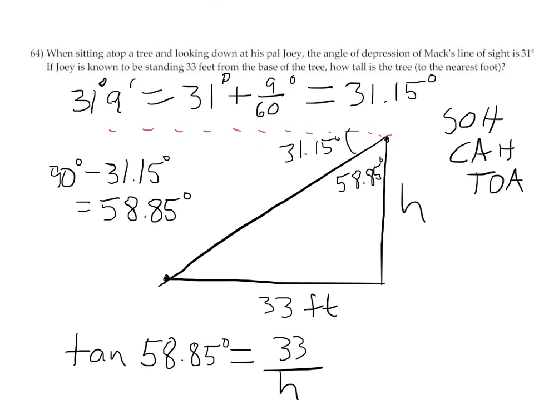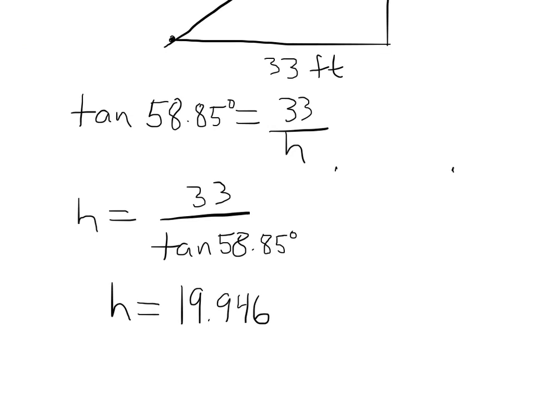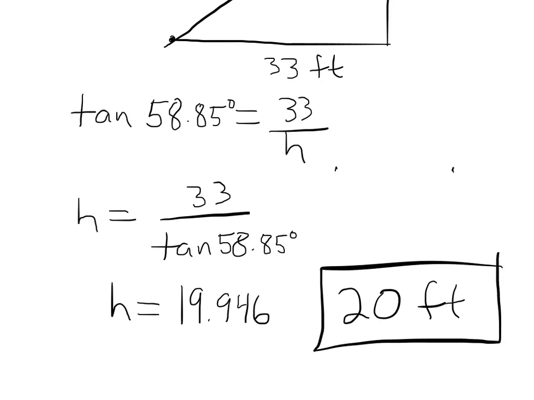This problem asks for to the nearest foot, so we're going to round to 0 decimal places. So in this case, we're going to round. This 9 is going to round up, and we're going to get h equals 20 feet. Okay, don't ask me how he got up on the very tip top of a 20-foot tree, but we have solved this problem.